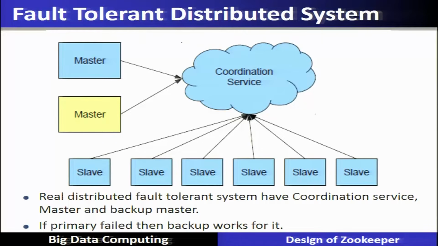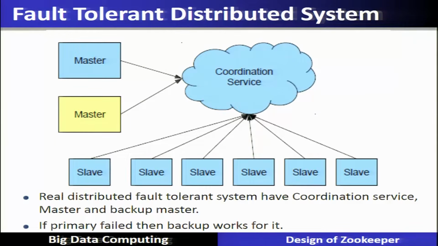So, if a master fails, then the backup master takes over, and this taking over of the backup master as the master is to be monitored and decided by the coordination service. So, therefore, the master and the slave can be used in an application irrespective of the faults.